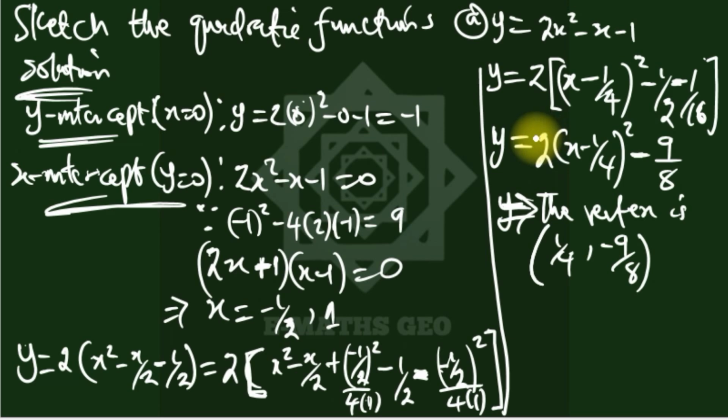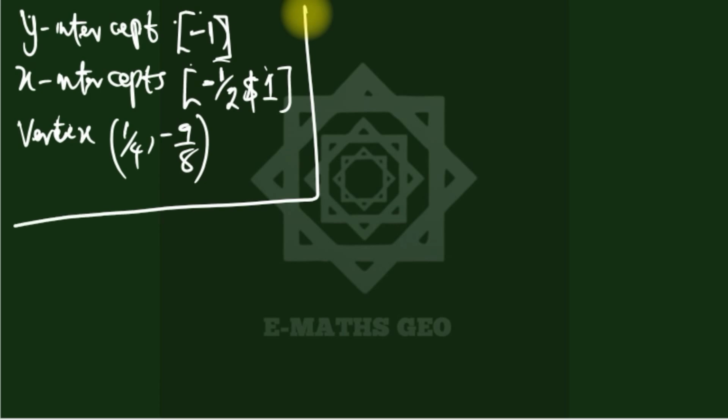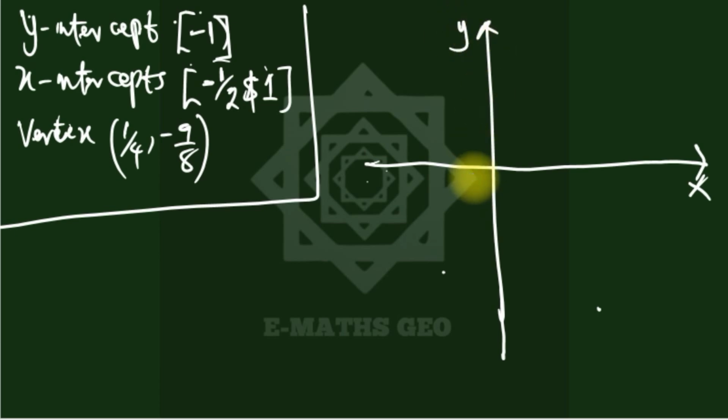So let's sketch the curve now. Okay, let's now sketch this curve with this information. Let me just draw. That's x, that's y, that's origin. So the curve will be like this.